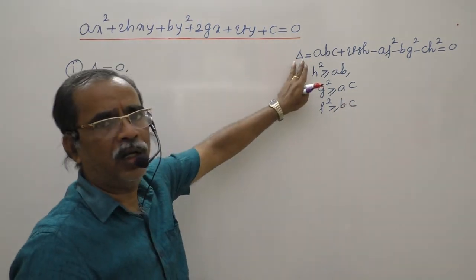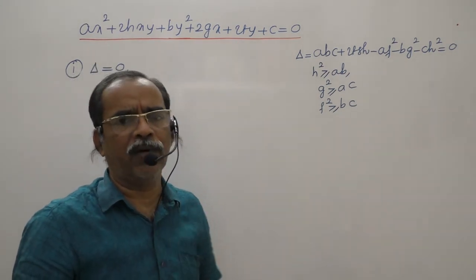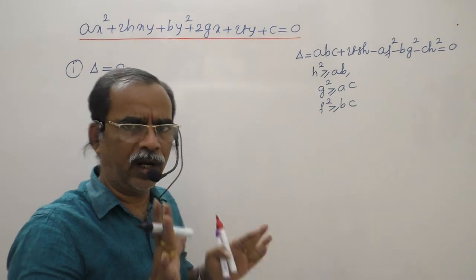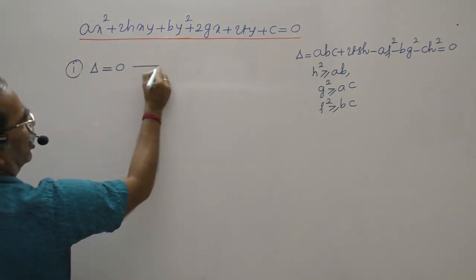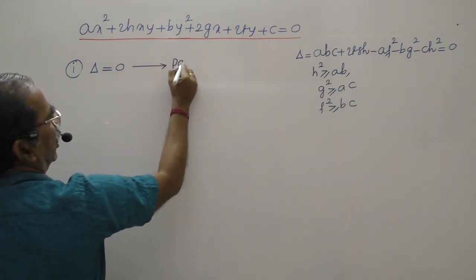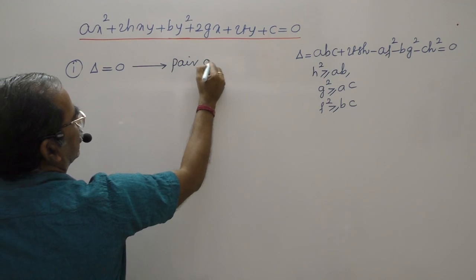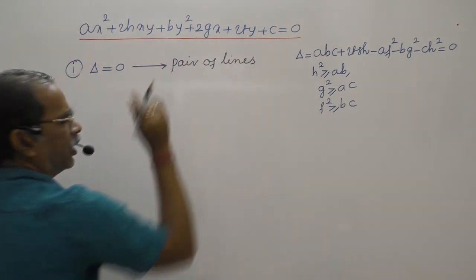These are the conditions for this equation to represent a pair of lines. We know this very well. So if delta is equal to 0, then this equation will represent a pair of lines.